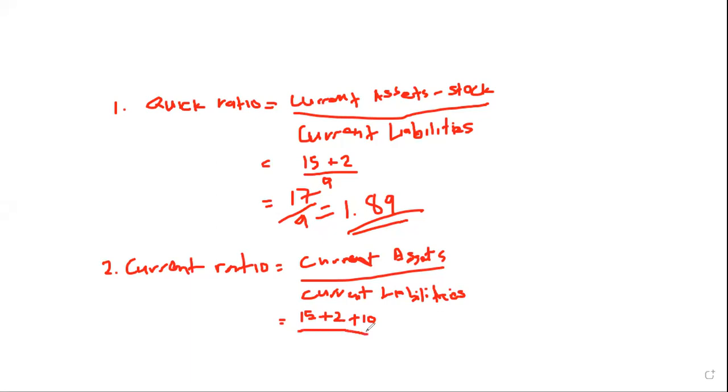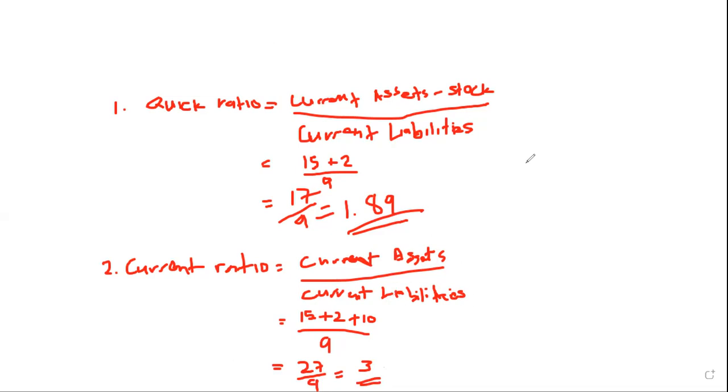Then divide by the current liabilities, which is 9. So 15, 17 plus 10, 27. So it will be 27 over 9, which is going to give us, I think, 3. So this is how you can find the current ratio.